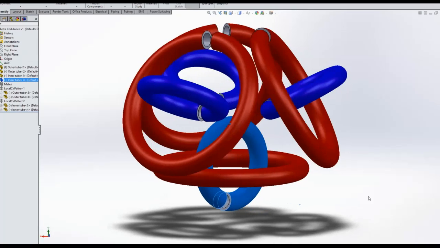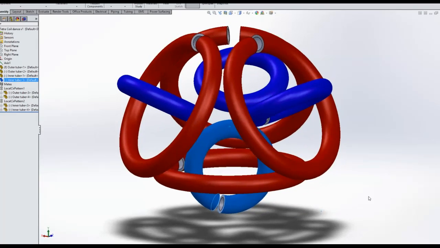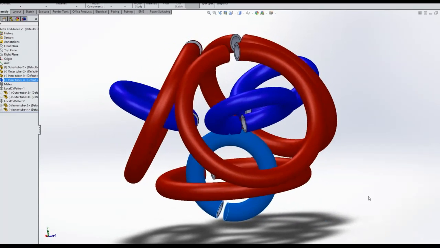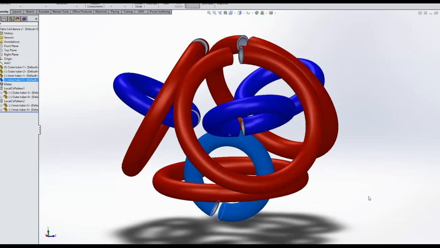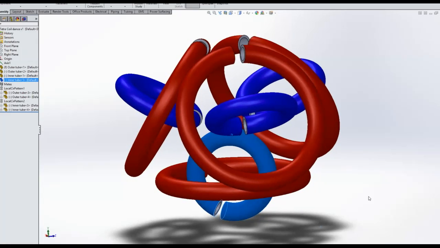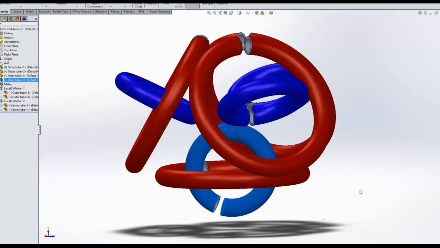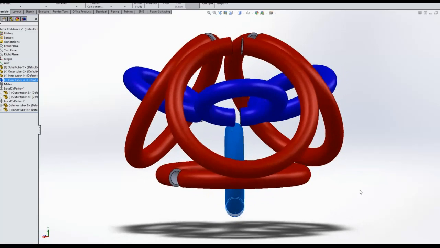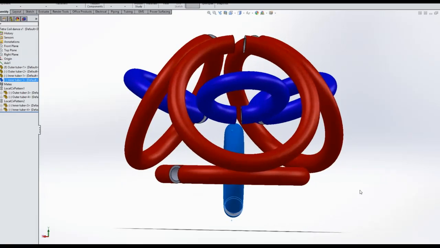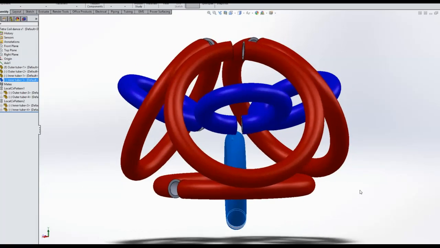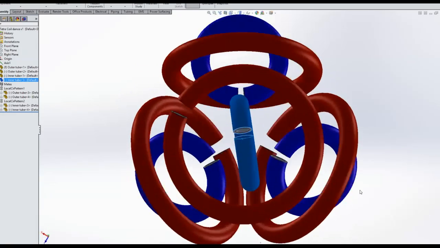I don't know, would this create a field inside? Can you flip this over where the bottom's the top and the top's the bottom? So you get your star formation.